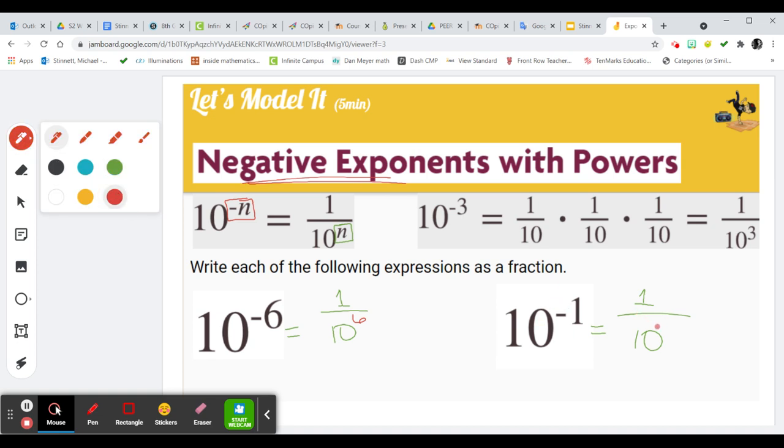Here it was to the negative 1 power. We say 1 over 10 to the positive 1 power. So we make the exponent positive, and we say 1 over that power of 10. All right, thanks.